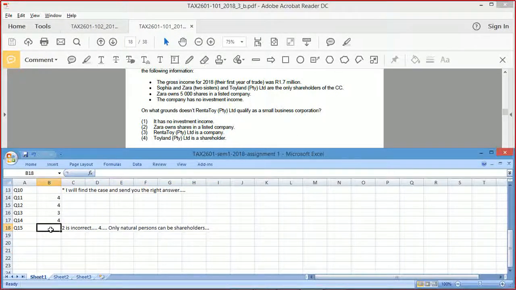So the answer here is actually 2 and 4. Both are applicable in terms of grounds where Rent-a-Toy would not qualify. Rent-a-Toy would not qualify because Zara owns shares in another company, and also the shareholder is not a natural person. That's also bad.